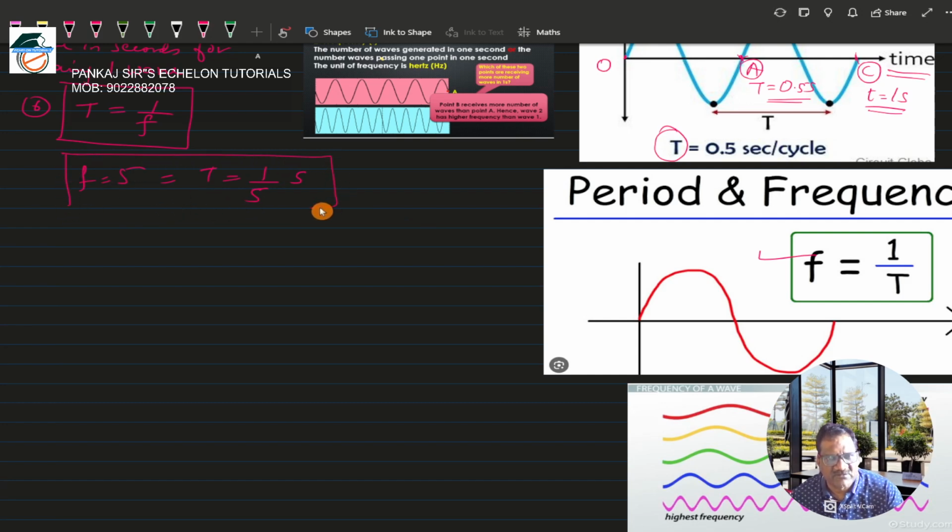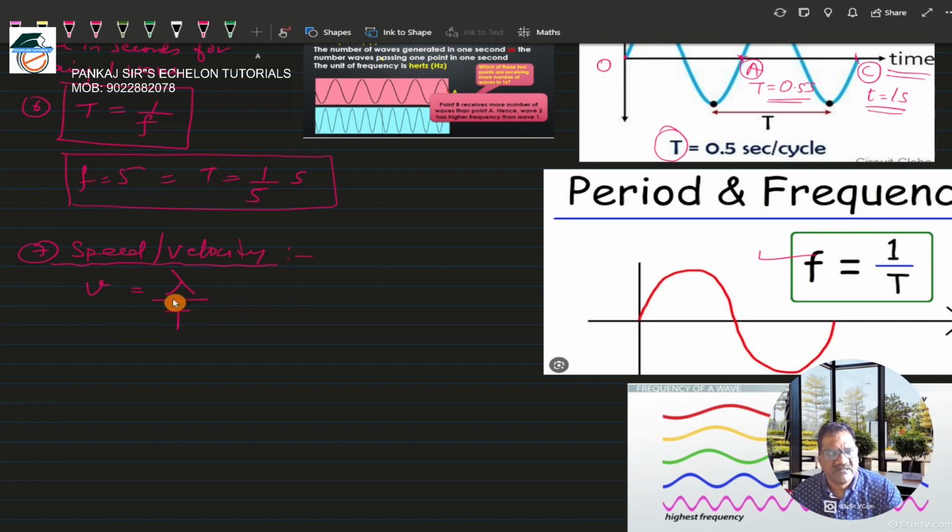And last but not the least, the speed or the velocity of a wave. This is the last term that you should understand. Velocity of a wave is nothing but its wavelength divided by the periodic time. Why is this the formula?